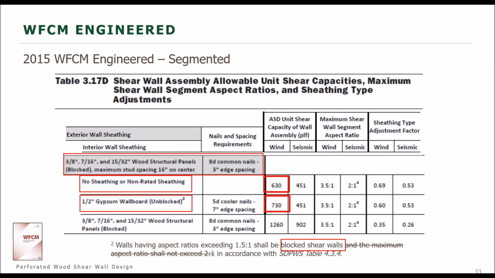Okay. Another question: does the software have the capability of doing force transfer around openings for shear walls? Yeah, and something that I didn't mention, but Lori had talked about the three different methods. At present, we're on version 11 of the WoodWorks software, and version 11 has the capability of doing the segmented shear wall approach or the perforated approach.